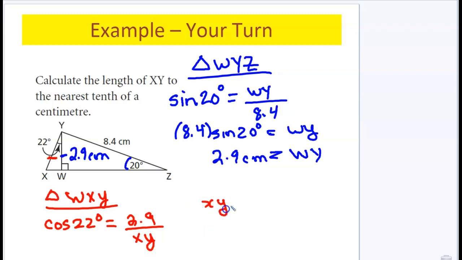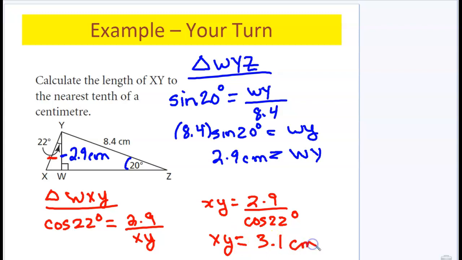Again, isolating XY, it's going to be 2.9 divided by the cos of 22 degrees. So 2.9 divided by cos 22. This side length XY, if I round off to the nearest tenth of a centimeter, is 3.1 centimeters.